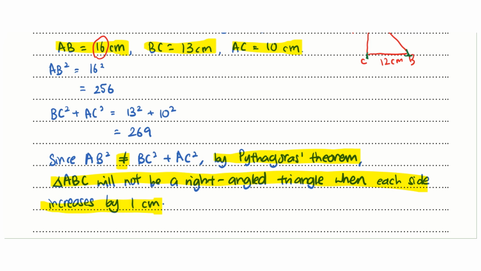It may seem like increasing by 1 cm doesn't make much of a difference, and it should still remain a right angle triangle. But truth be told, as we see over here, it is not the case, because our theorem doesn't work. So by increasing by 1 cm, it will not maintain the property of being a right angle triangle.